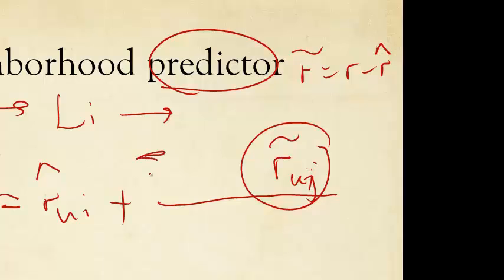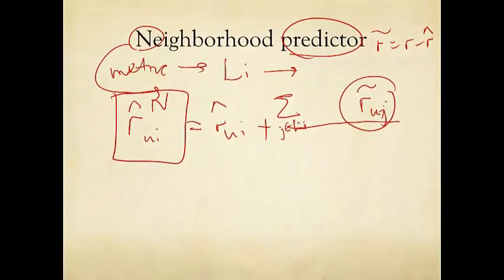So we want to add up that information, summing across all the movies J in the set L sub I. We have to weight each such rating by a neighbor movie J in some way. What should the weight be? One choice is just to let the weight be the cosine coefficient itself, Dij.